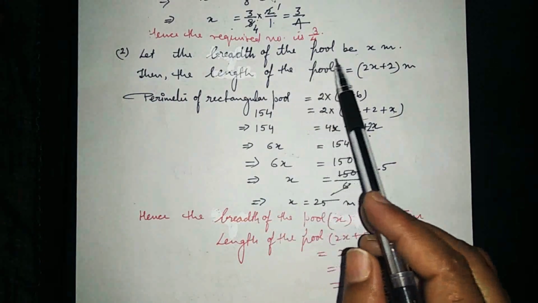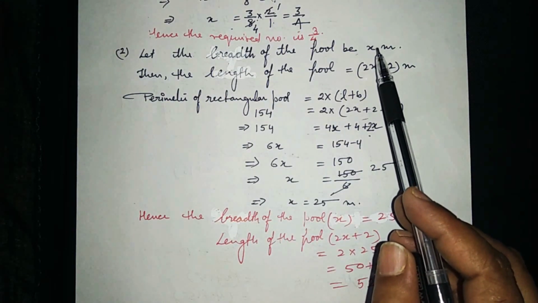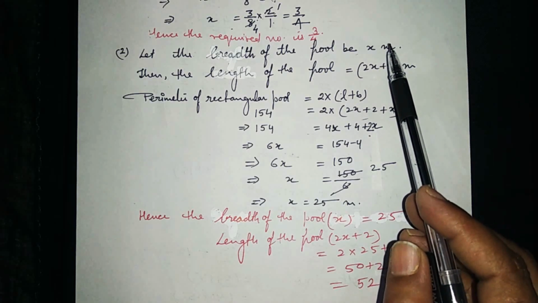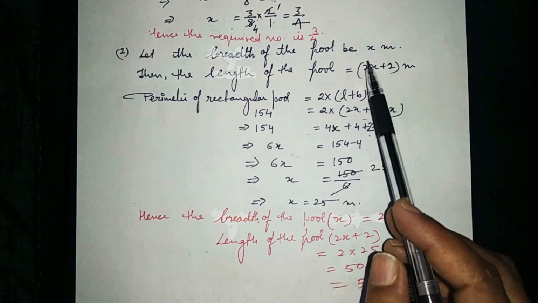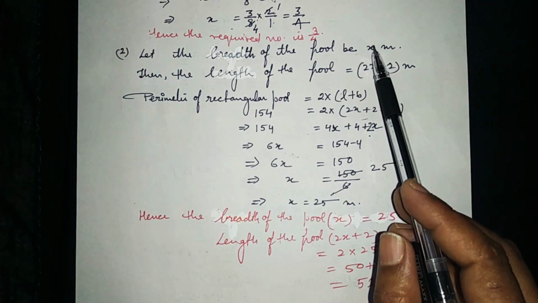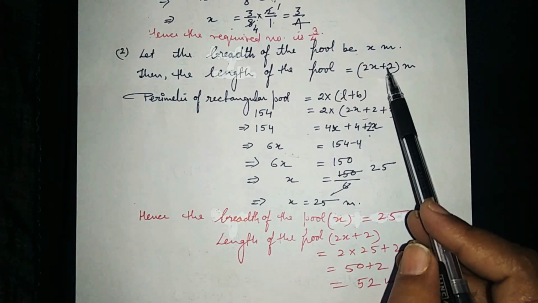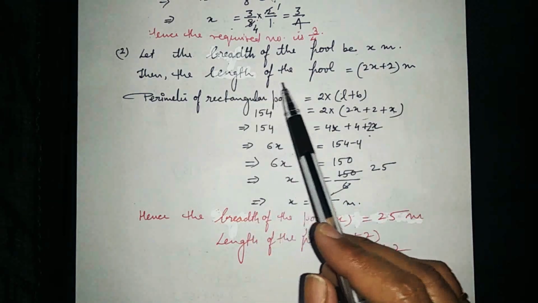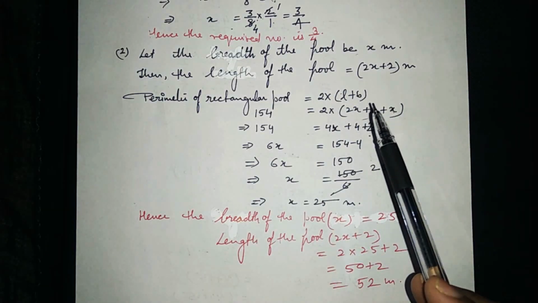Let the breadth of the pool be x, and in the question it is written that its length is 2 meter more than twice its breadth. Twice its breadth means 2 times breadth, 2x, and 2 meter more means plus 2. So the length of the pool will be 2x plus 2 meter.